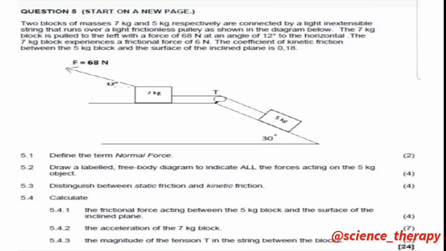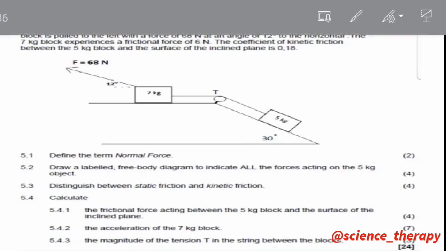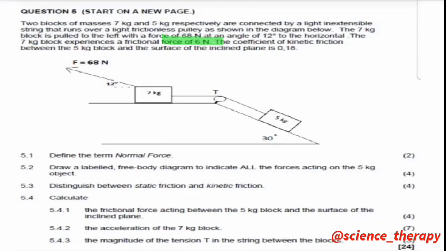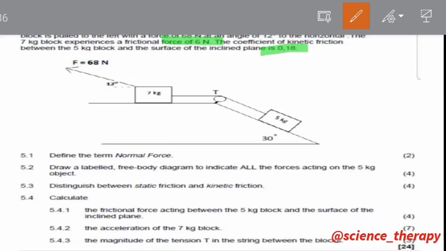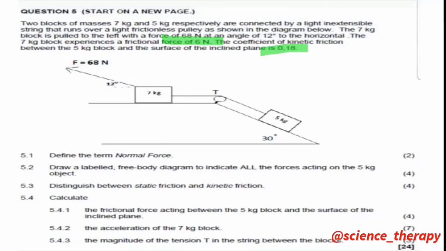The 7 kg block experiences a frictional force of 6 newtons. So we are told there that we have a frictional force of 6 newtons, right? And then the coefficient of kinetic friction between the 5 kg block and the surface of the incline is 0.18, right?